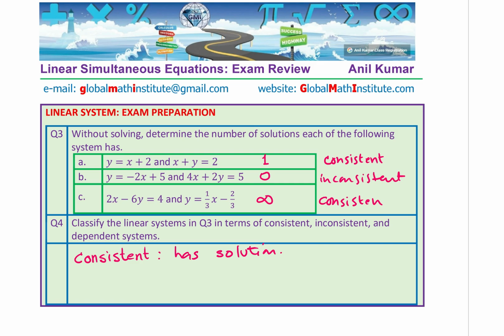Now, when we have a solution, in that case, we have a condition for infinite solutions, right? So dependent is the one where we have overlapping lines and infinite solutions.